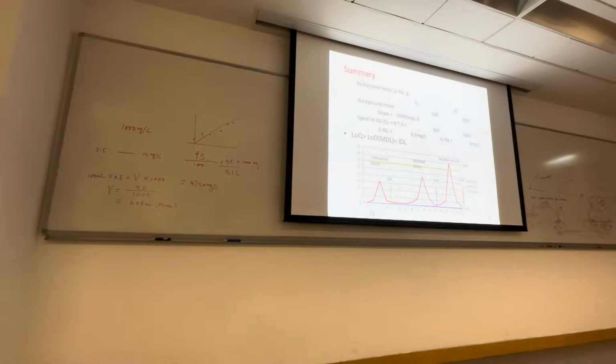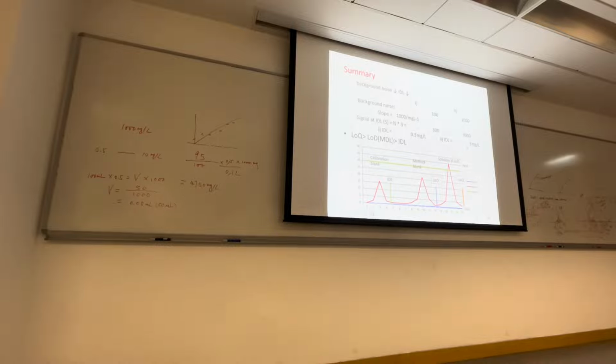Another example is when the background noise decreases, your IDL will also decrease. Assuming the background noise, one is 100, another one is 1000. The slope will be 1000. Signal at IDL is the noise times 3. That means this is 300, this is 3000, then divided by the slope. This will give you 0.3 and this will give you 3.